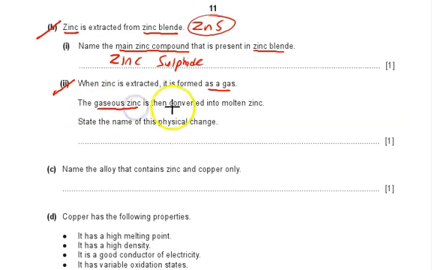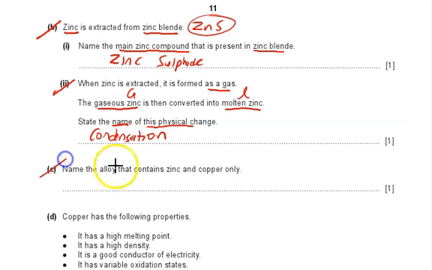Gaseous zinc is then converted into molten zinc. So this is a gas and this is the liquid. Name the state of this physical change. So here we will have condensation. Okay, now C, name the alloy that contains zinc and copper only. So you can say it's brass.